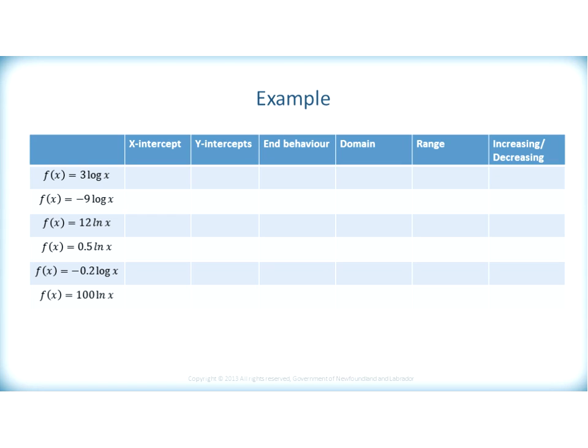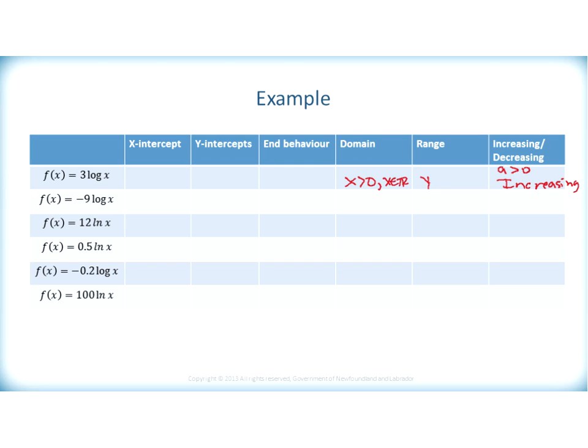I'm going to continue. If I'm looking at f of x equals 3 log x, that is an increasing function since a is greater than 0. It is a log function, so x must be greater than 0, and x belongs to a set of real numbers.